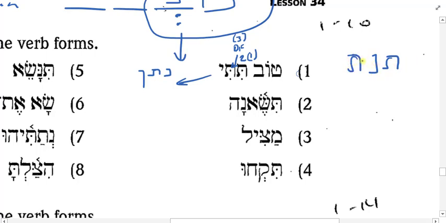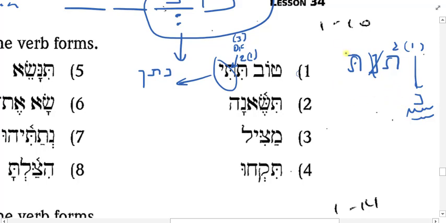I get an extra tav at the end. But the noon assimilates, and I'm left with the tav and the tav of root two. All right? And when I add pronominal suffixes, I get a doubling dot where this noon finally gets to reappear. Okay? Root one, noon is gone. Right? See, there he is. He's in Sheol. Those are flames.